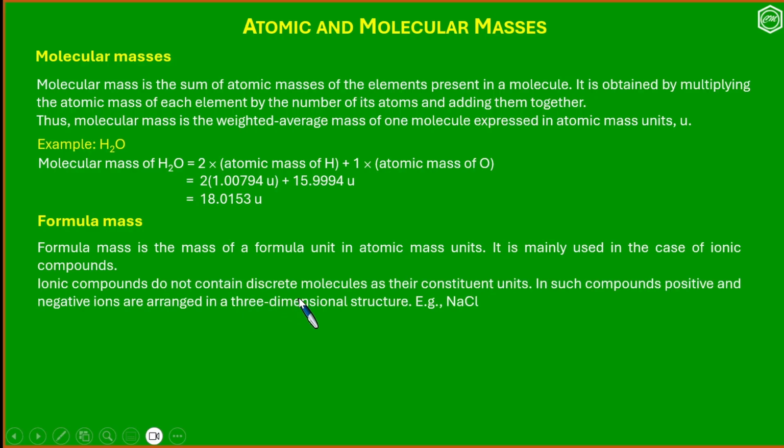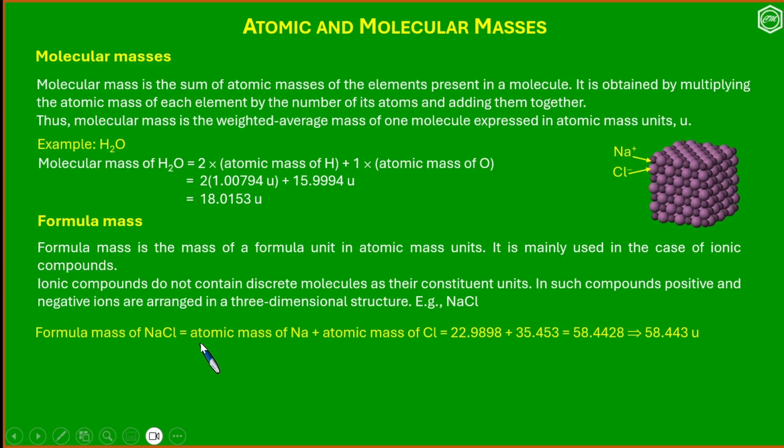Ionic compounds do not contain discrete molecules as their constituent elements. In such compounds, positive and negative ions are arranged in a three-dimensional structure. An example is sodium chloride. So this is one formula unit, one chloride ion and a sodium ion.